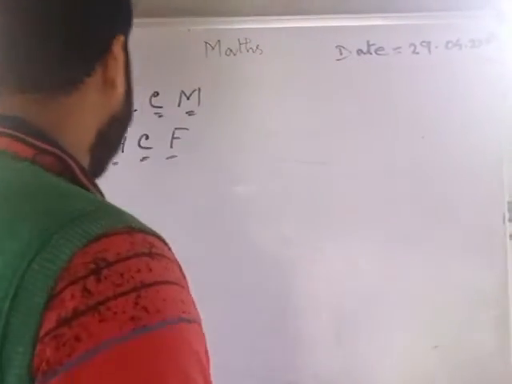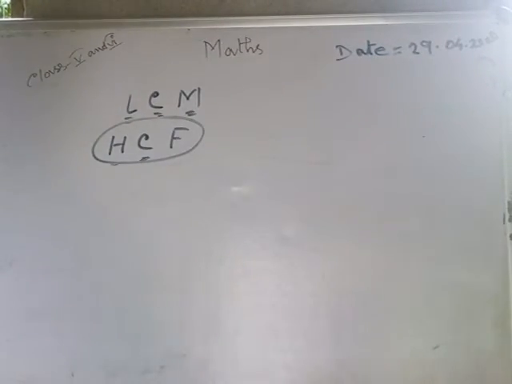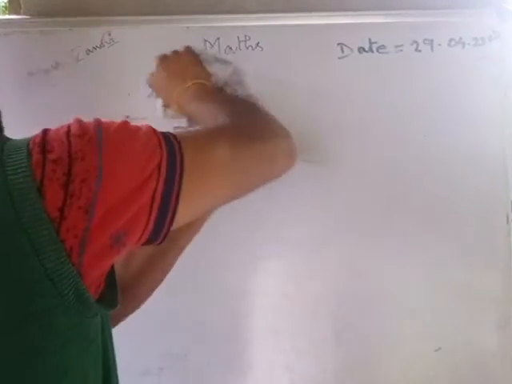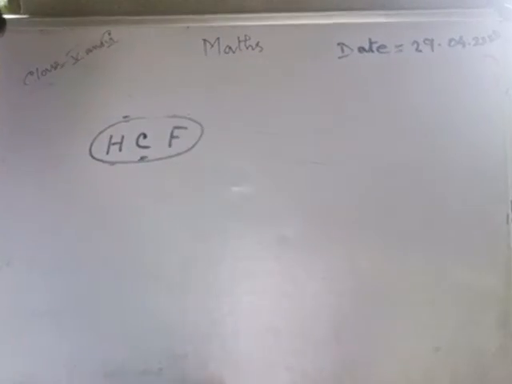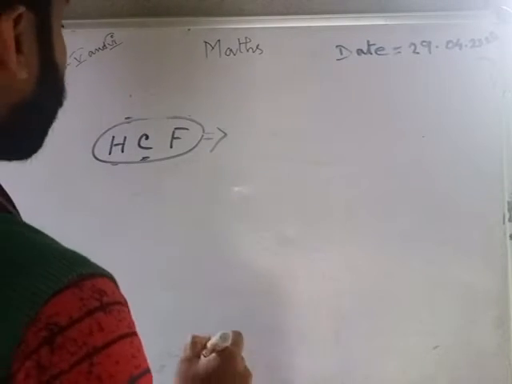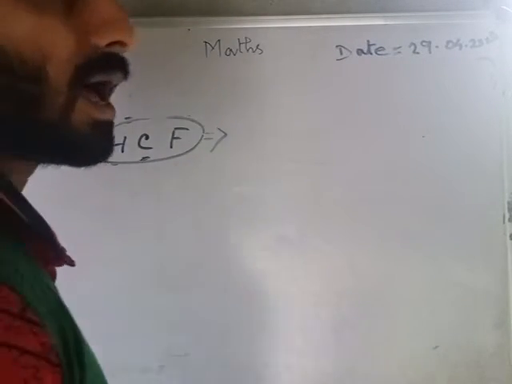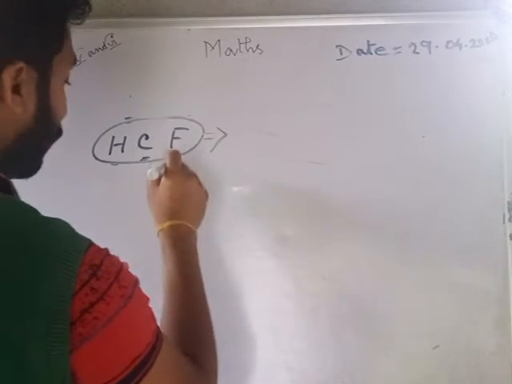How to solve? At first I should discuss the HCF, or highest common factor. At first find out the common factors, then find out which is the highest common factor.